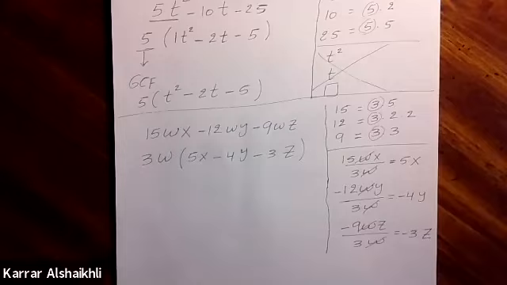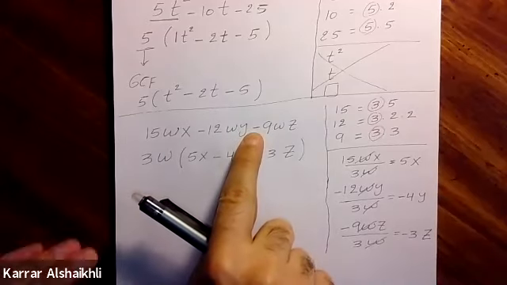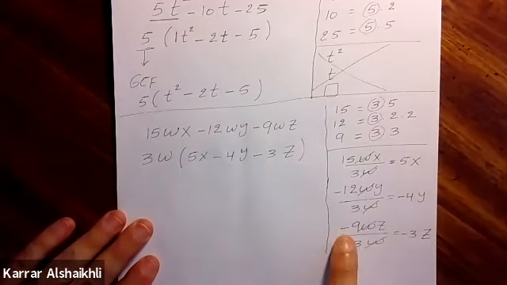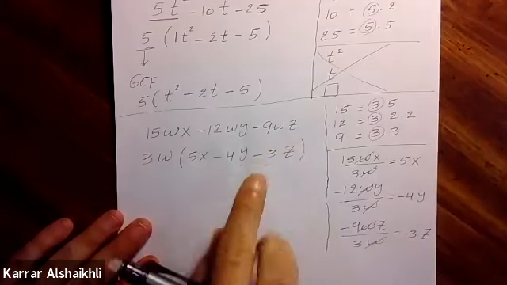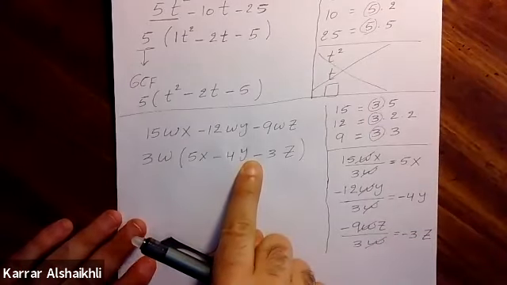Sir, I had a question. It's gonna be minus, or it's gonna be negative 3z, negative 4y. If you take this sign with the term, you're going to read it here as negative 9wz. The result is negative 3z. But when you plug in here, you're going to say minus, which is the same thing.